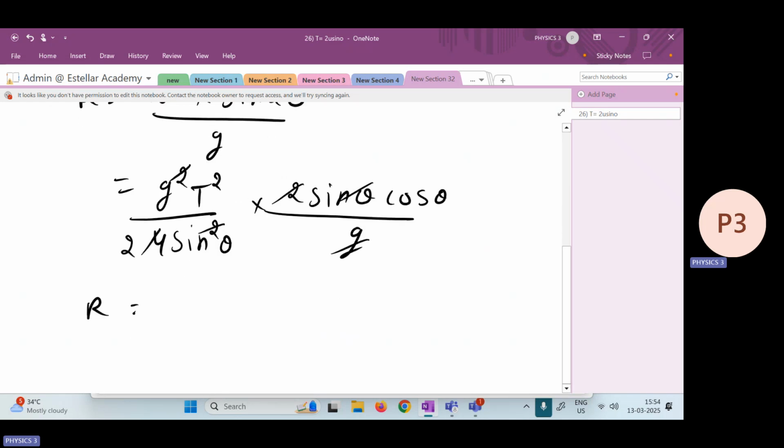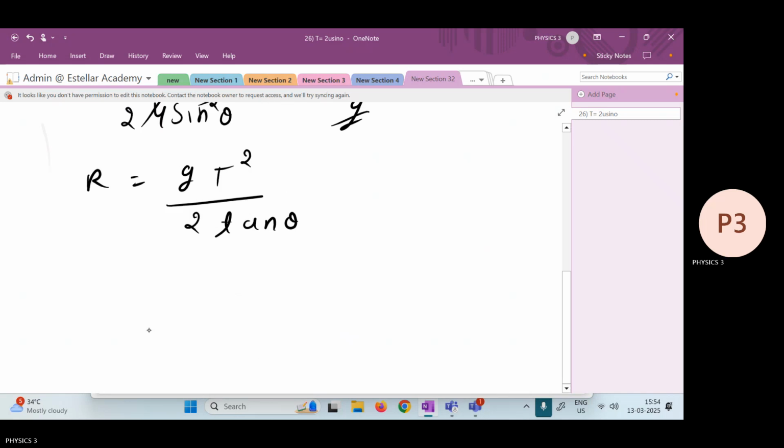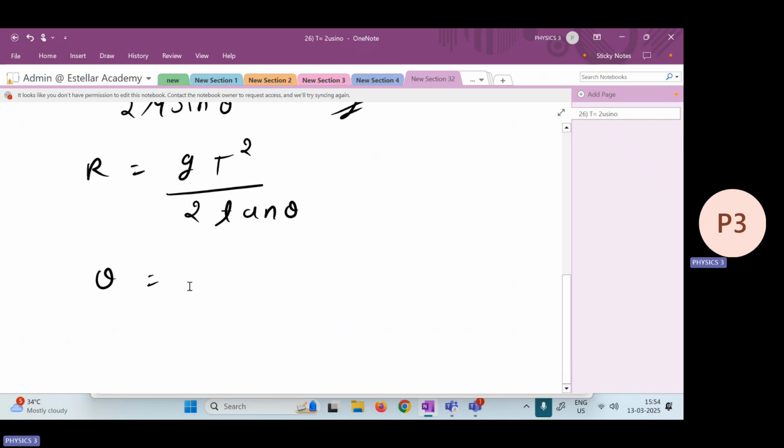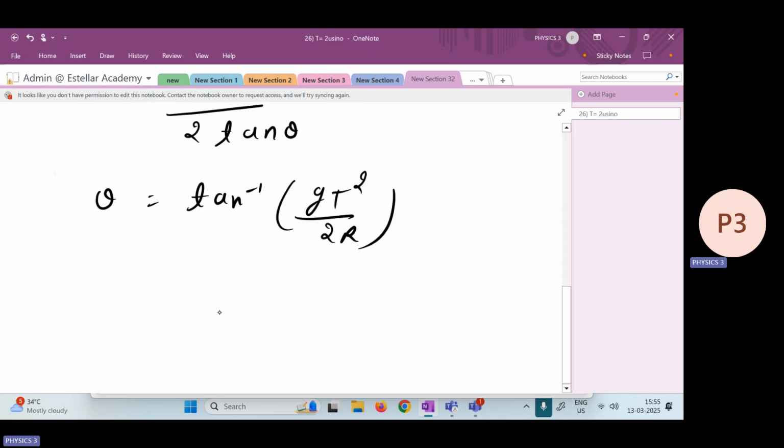So range would be gt square upon 2 tan theta. So from here, theta, we can write tan inverse gt square upon 2r, right? So A option would be correct in this case, right?